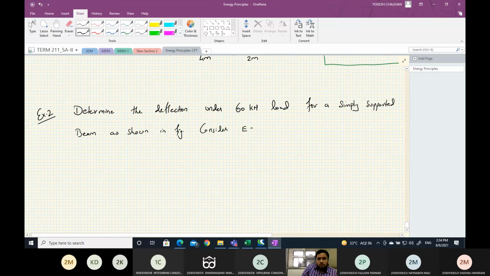Consider E equals to 2 into 10 to the power 5 Newton per mm square, and I equals to 2 into 10 to the power 8 mm raised to 4.